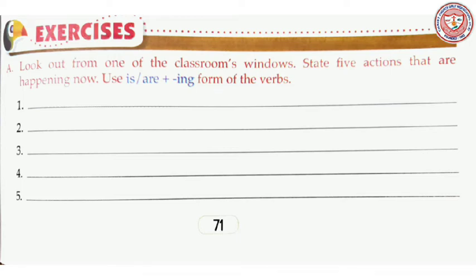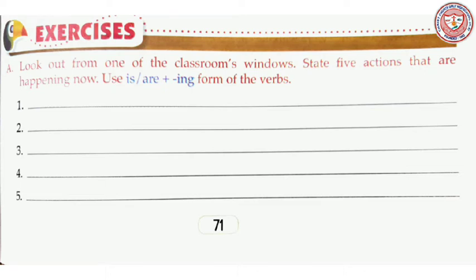Use is or are plus ing form of the verbs. So you will have to write 5 sentences in present continuous tense. Okay, so I'd like to start.